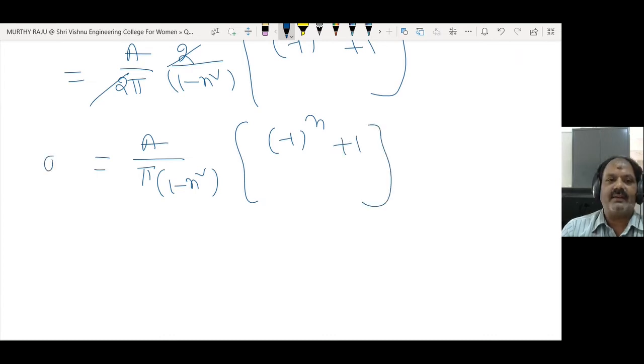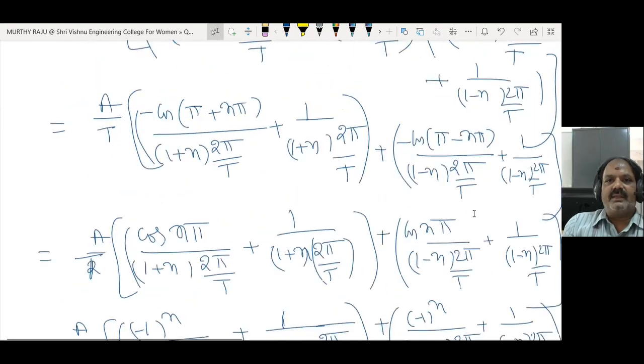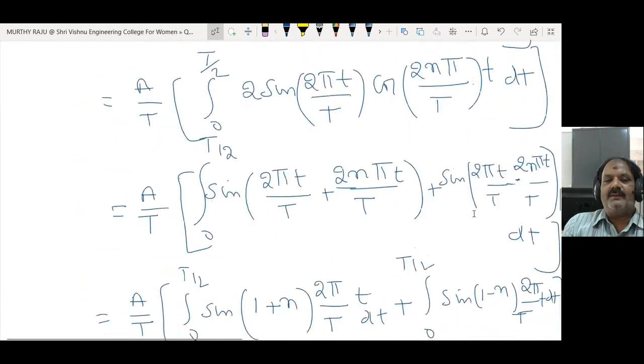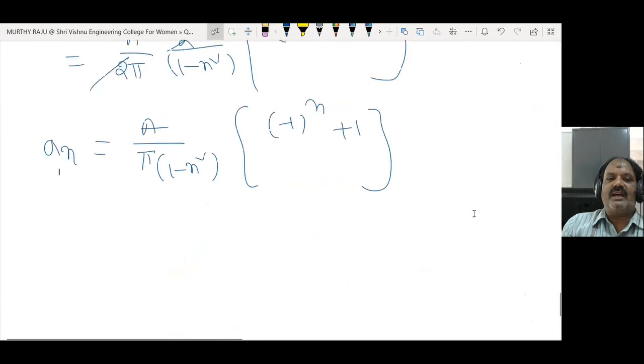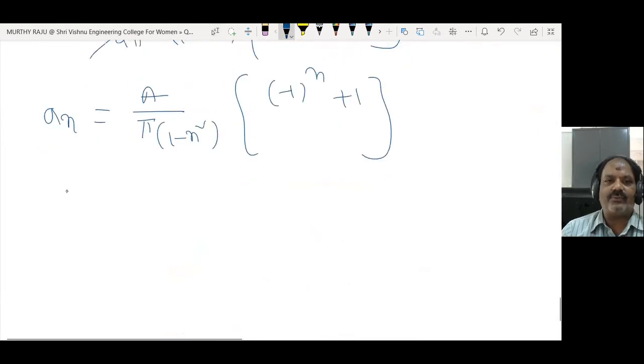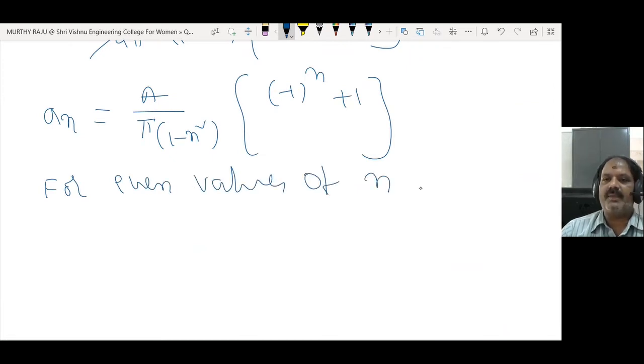This one is an. Check for even values of n, that means n is equal to 2, 4, 6 and so on.